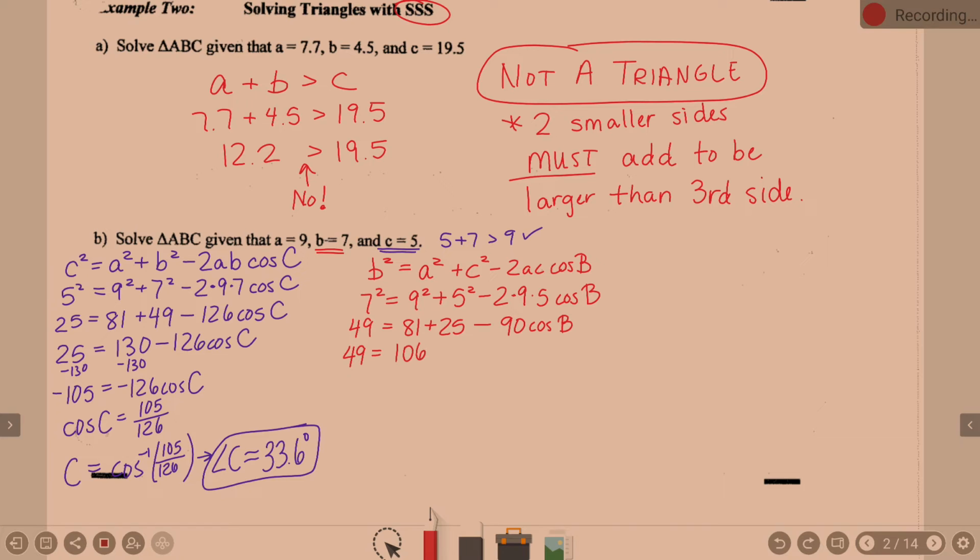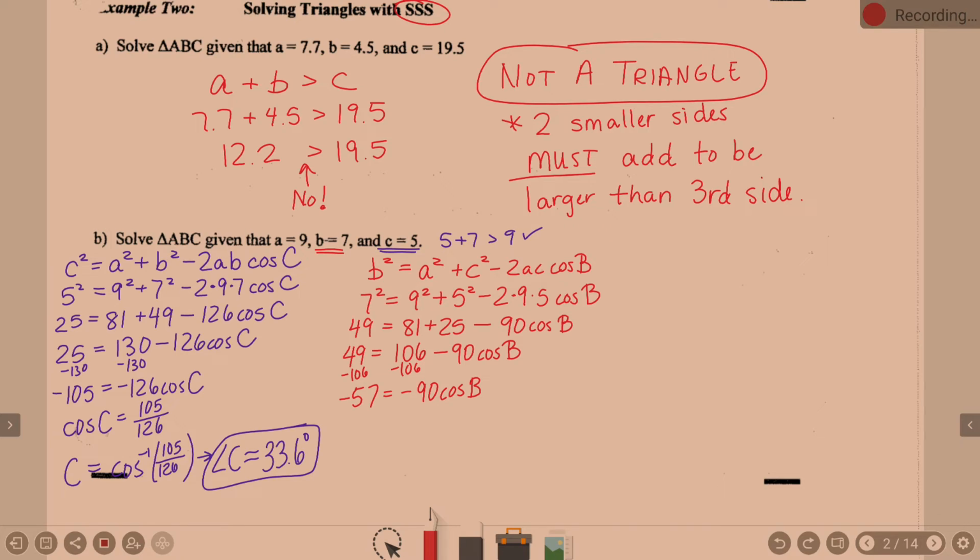Get 106, still minus 90 cosine B. And then to solve for cosine B, I'm going to subtract that 106 over. 49 minus 106 is what? Oh, negative 57, is that what you said? Yeah. Okay. Makes sense once I heard it, right? 106 is canceled, so negative 57 equals negative 90 cosine B.